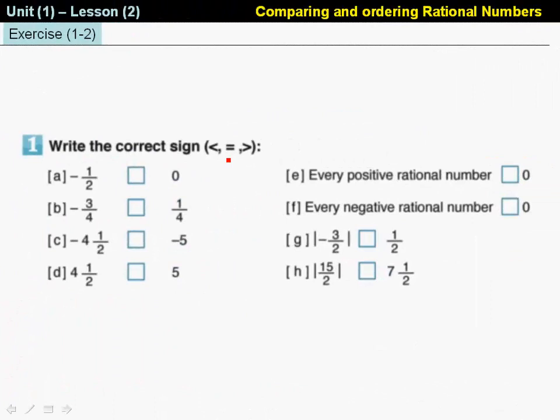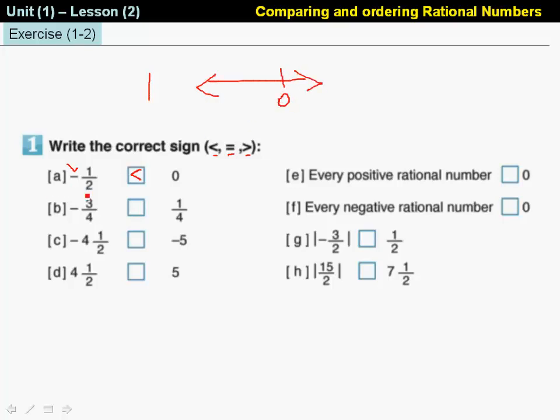Write the correct sign. Is less than, is equal to, or is greater than. For number A, we have minus half, and here is 0. Minus half. This is minus and this is plus. So this must be is less than 0. If you use the number line, so this is the number line and this is 0.